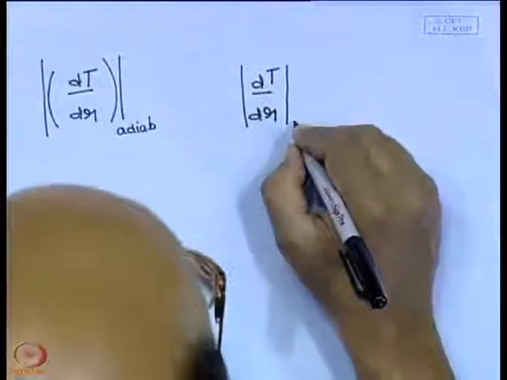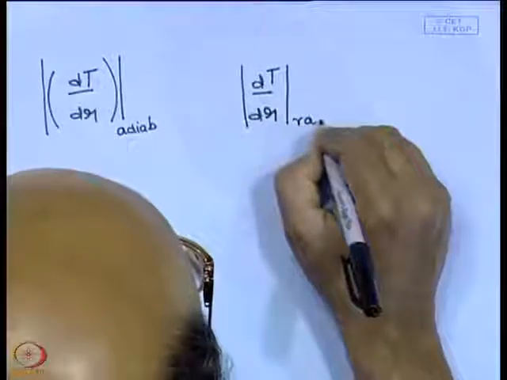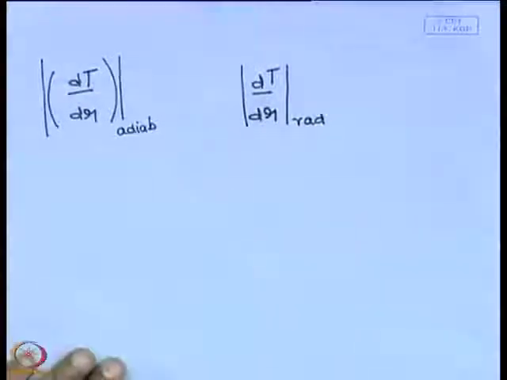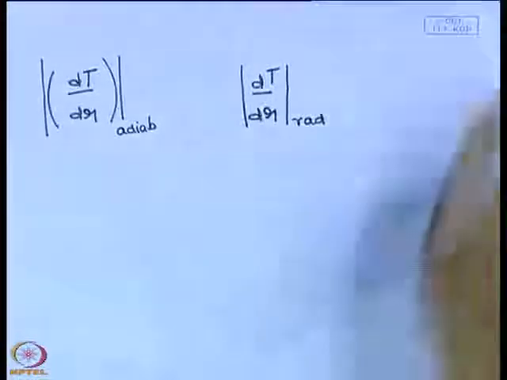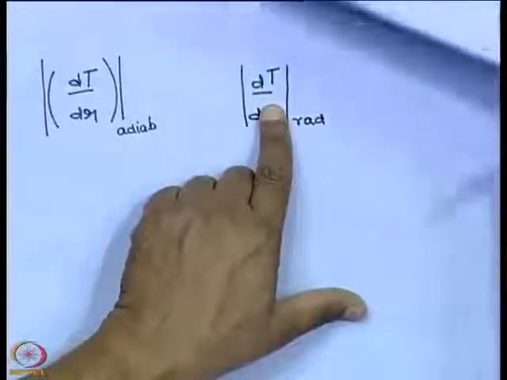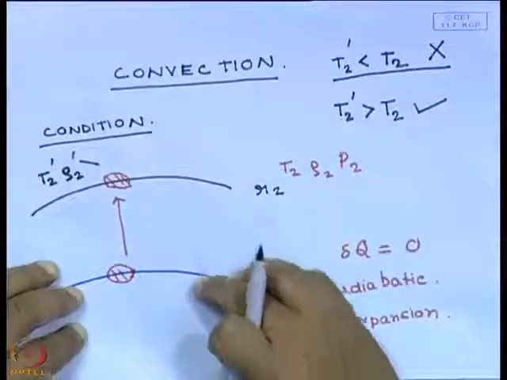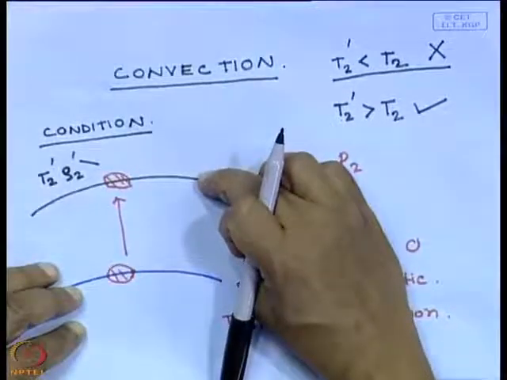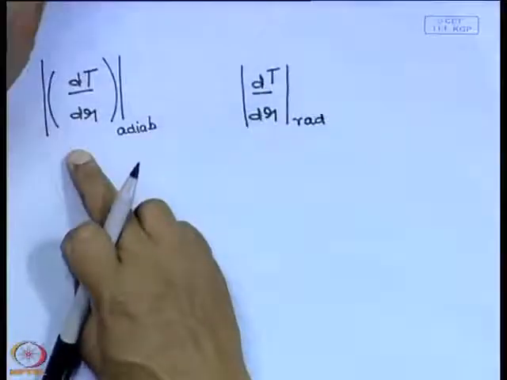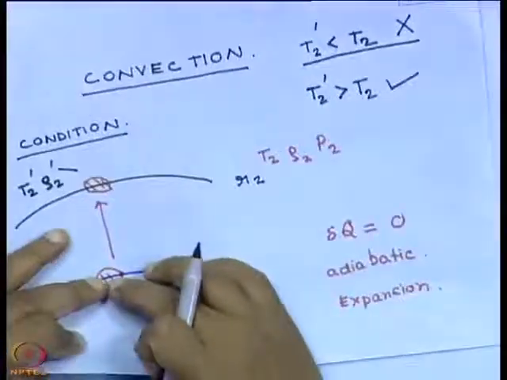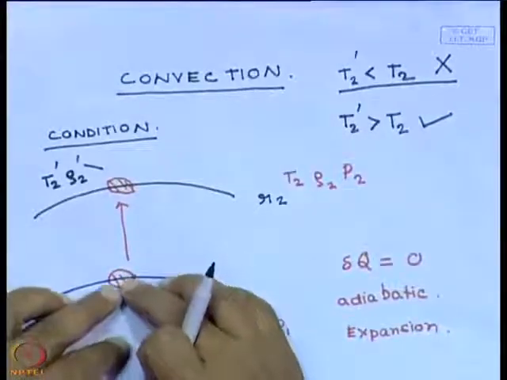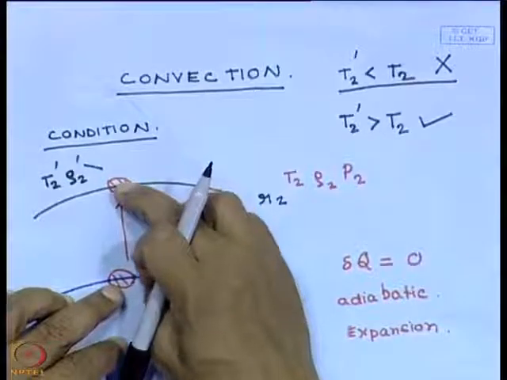for the radiative energy transport. So, this term determines how much the temperature of the bubble falls when I go from here to here.